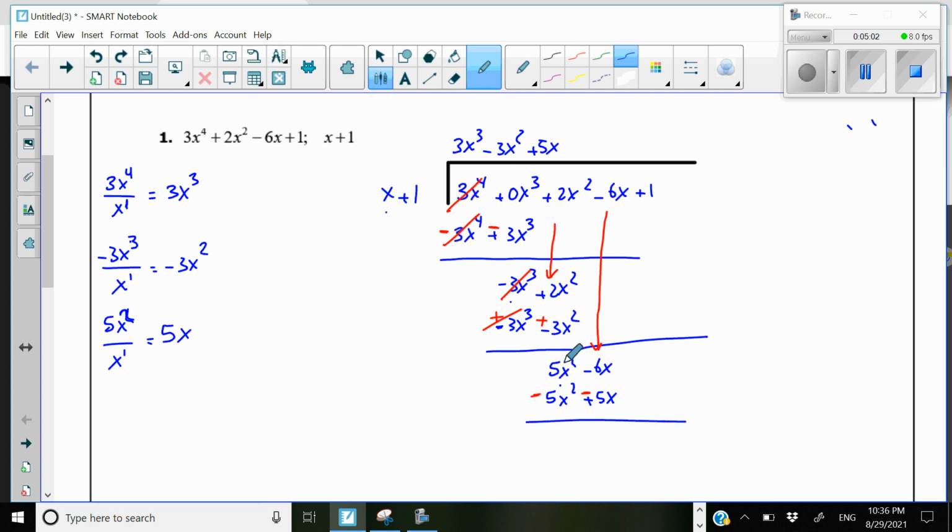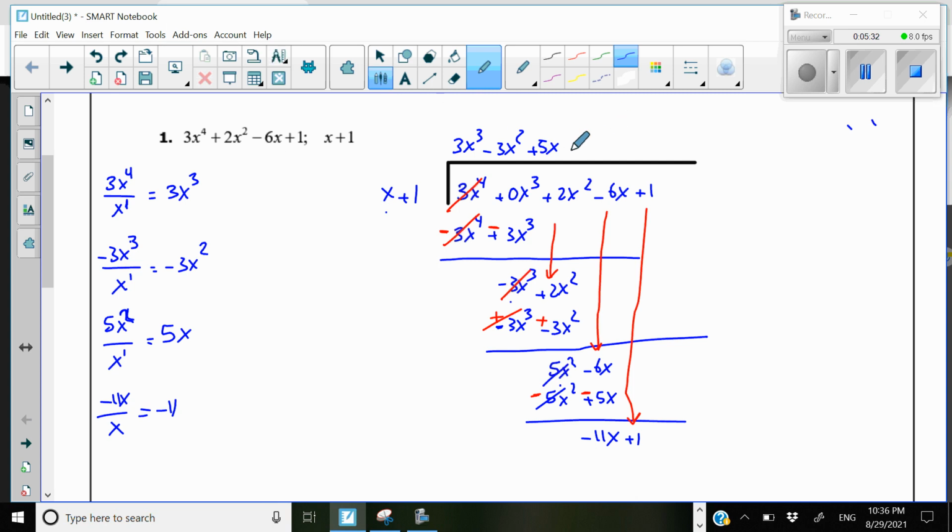Now combine them. 5x squared and negative 5x squared cancel each other. Negative 6x and negative 5x is negative 11x. Bring the next one down, plus 1. Repeat the steps. Negative 11x divided by x is negative 11.